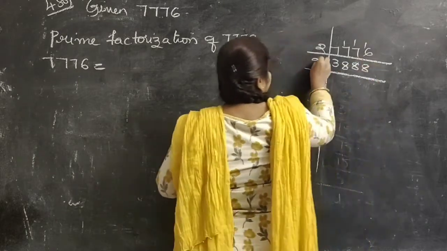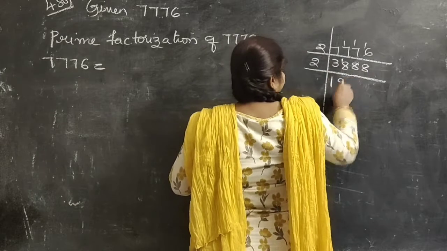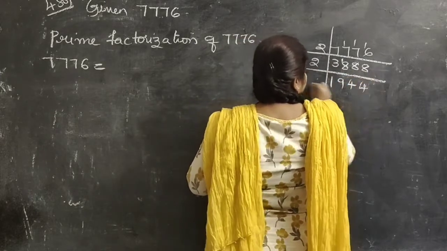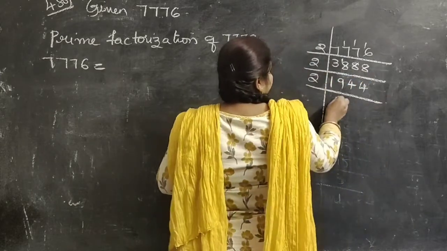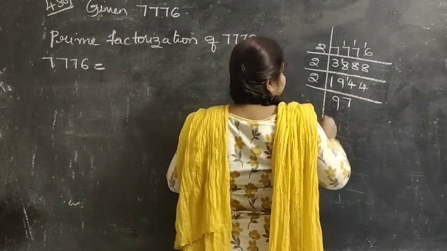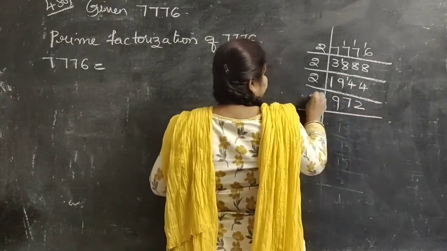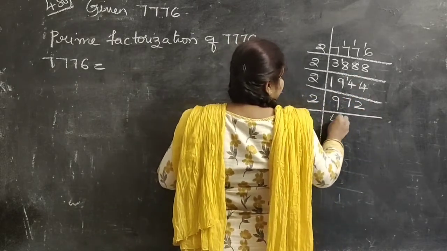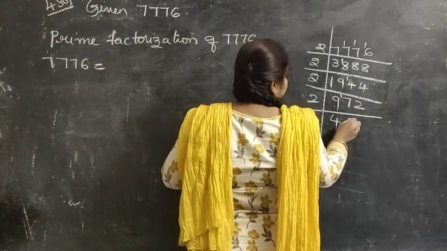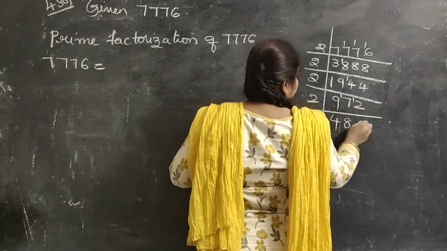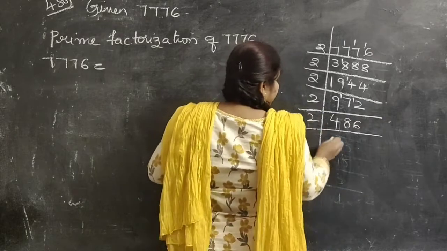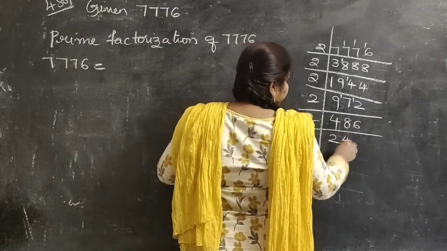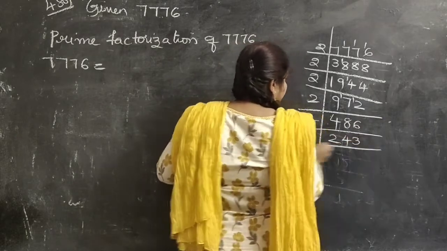Again in the 2 table, 2 9s are 18, 2 7s are 14, 2 2s are 4, 2 4s are 8, 2 8s are 16, 2 6s are 12. 2 2s are 4, 2 4s are 8, 2 3s are 6.